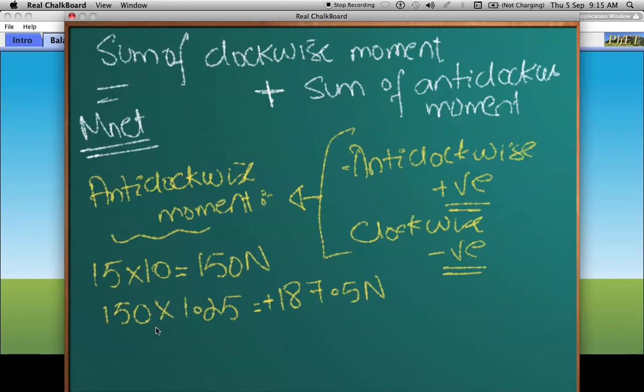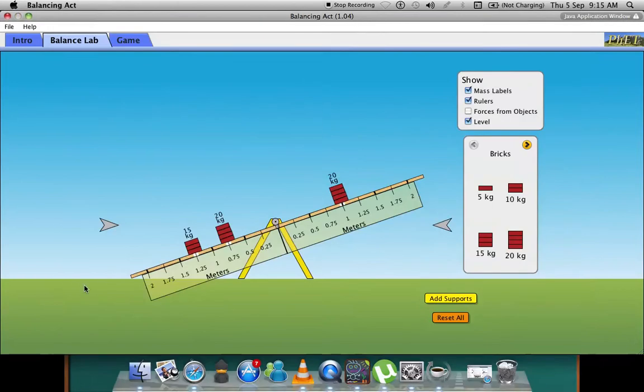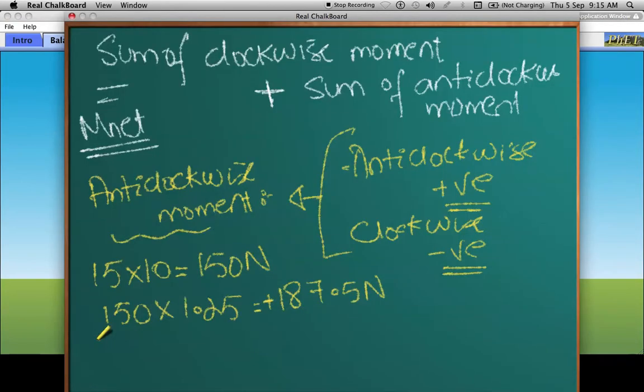with a positive sign, because I've stated above the anti-clockwise moment will always be positive. Now the second anti-clockwise moment is given by the 20 kilogram mass here at 0.75. So first of all, find out the weight of this 20 kilogram mass. This would be 20 times 10, which is 200 newtons. And the moment would simply be 200 times its distance. Force times distance, this is the moment.